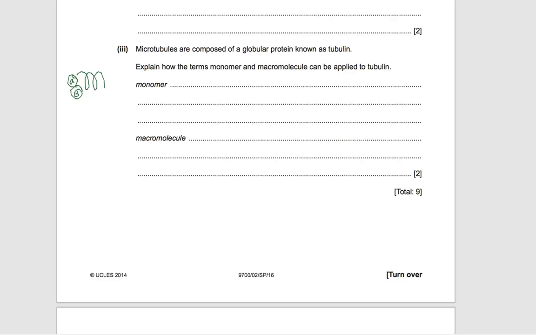So the monomer is this individual building block of the microtubule. So it's a protein which is composed of polypeptides, and when polymerization takes place, you get this macromolecule by joining together the monomers via peptide bonds.